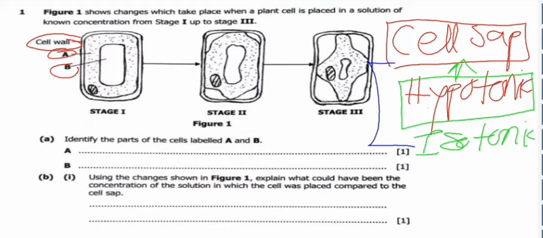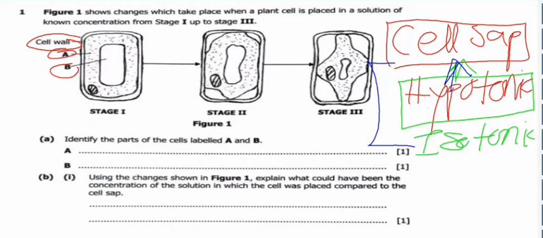Thereby, the water molecules can enter the cell or leave the cell by osmosis. But with a hypotonic solution, the water molecules are just going to enter the cell, from the hypotonic solution into the cell, not from the cell into the hypotonic solution.